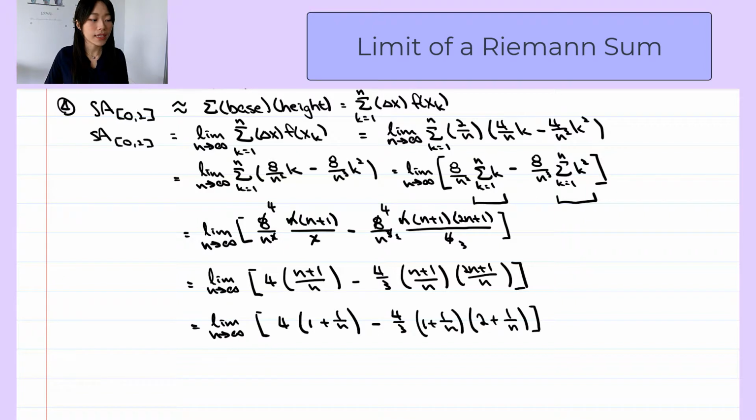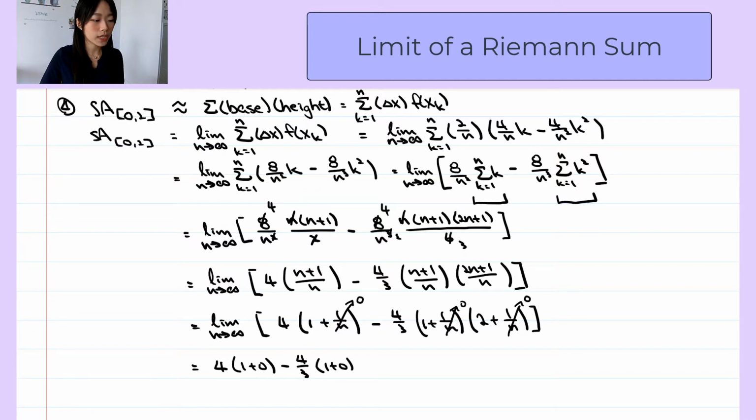Now if we take the limit as n approaches infinity, 1 over n will go to 0. So we'll get 4 times 1 plus 0, minus 4 over 3 times 1 plus 0 times 2 plus 0, which equals 4 minus 8 over 3, which is roughly 1.33. This is pretty close to our estimation, 1.25.